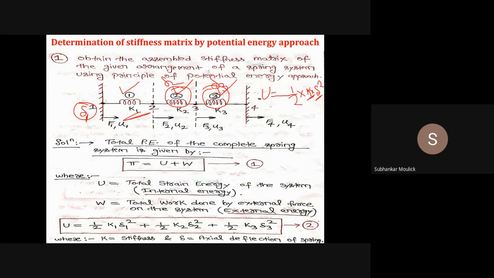For the second element, it is plus half K2 into delta 2 square, where delta 2 is the linear displacement for the second element, plus for the third element, it is half K3 delta 3 square, where delta 3 is the linear displacement of the third spring element, which is equation number 2. Is it clear? Any doubt in equation number 2? No, sir.